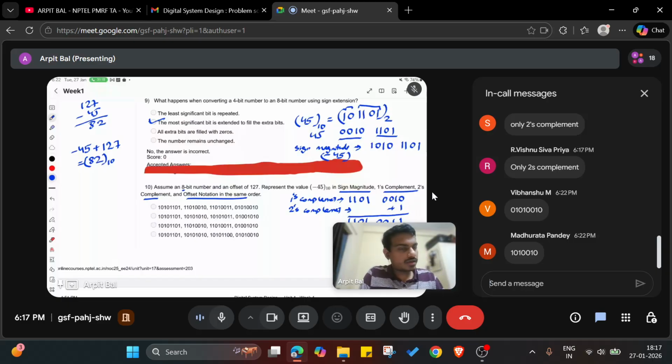Yeah, so both the answers are correct. To get the binary equivalent, I need to divide by 2. So I'll have 41. This one is 20.